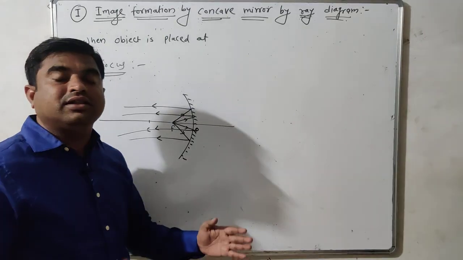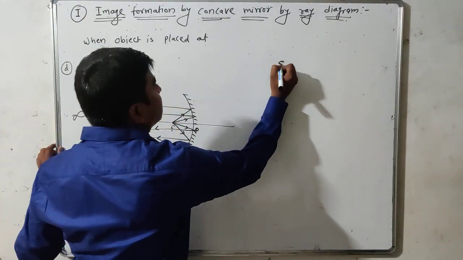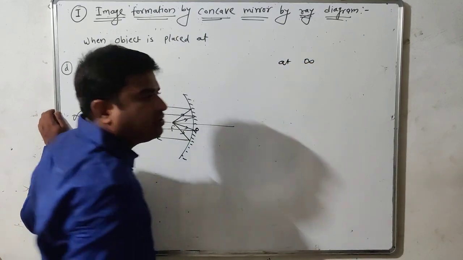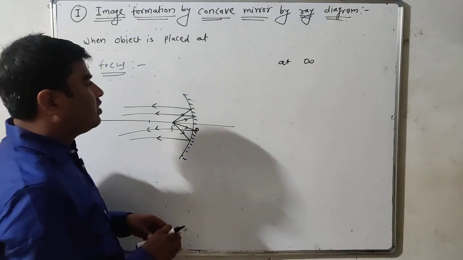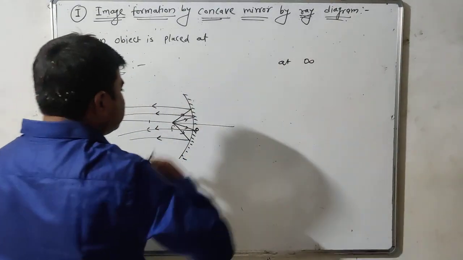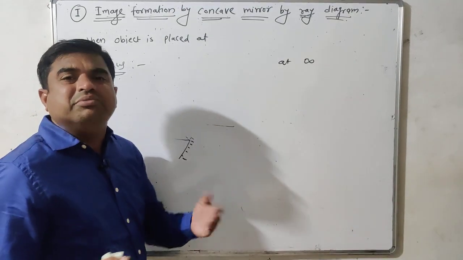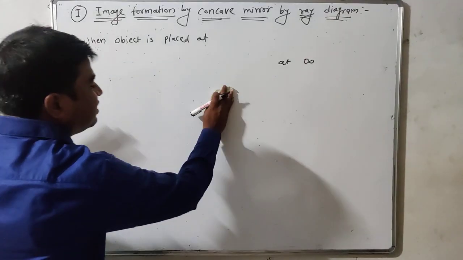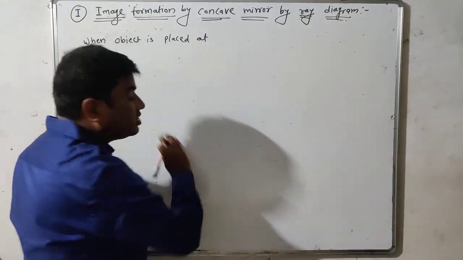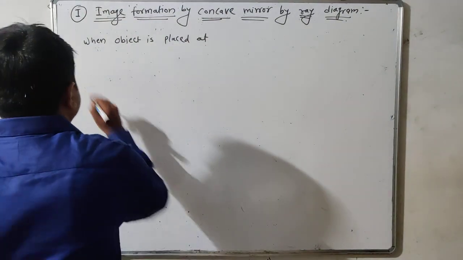So we can say that the image will be at infinity. Understand? Highly magnified, ultimately the image is imperceptible. Highly magnified at infinity. Instead of saying this, we can say that the image is imperceptible.